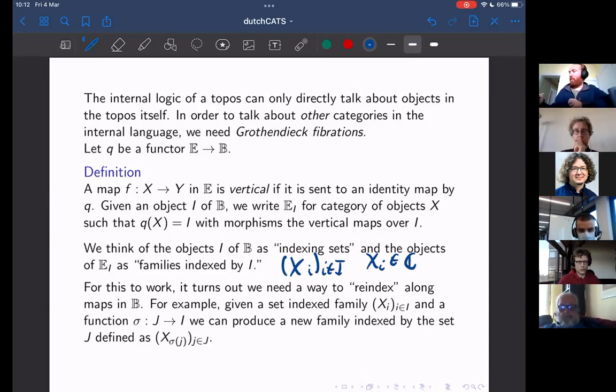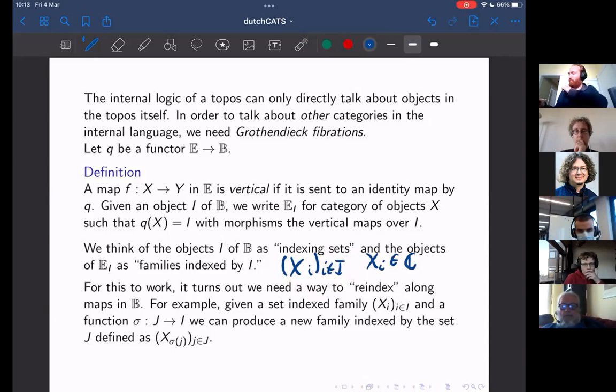Okay, so that's the basic idea, but it turns out that for this idea of indexing objects to work, we need one more thing, and that is a way to re-index families of maps.